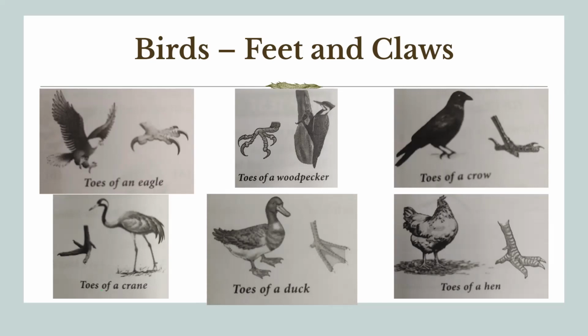They can perch on any tree branches even when they're asleep. Even when they sleep, they can perch on tree branches. Like a bat, and an owl also goes upside down, isn't it?